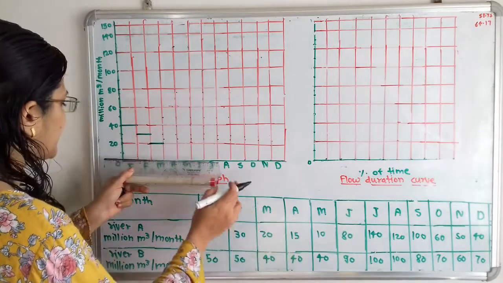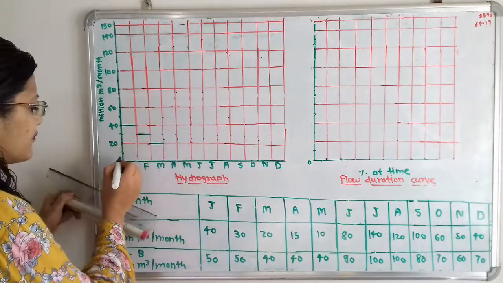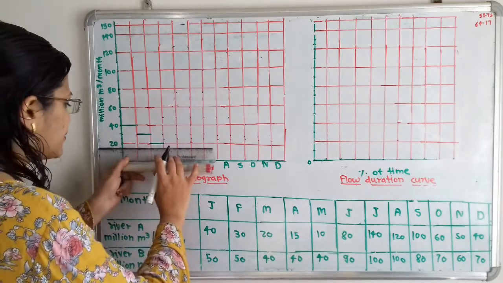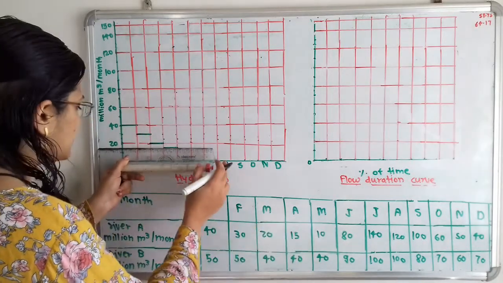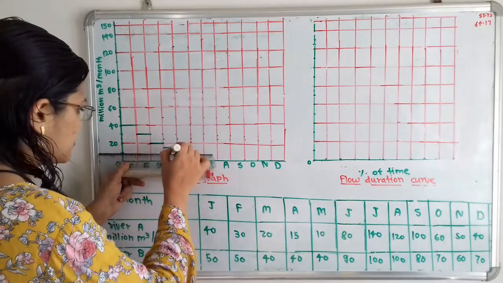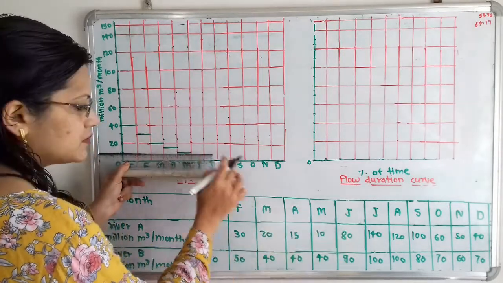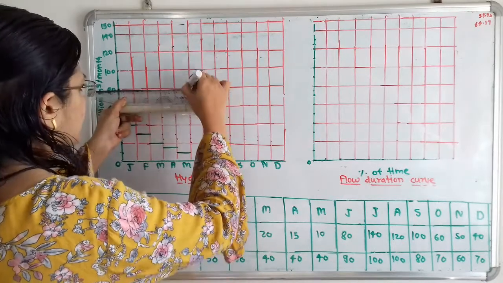Then for April it is 15. So for the month of April I will plot here 15. Here is 0 to 10, and in between 10 and 20 we have to plot 15. Then again it is 10. After 10 it is 80, so we have to plot the line for 80.